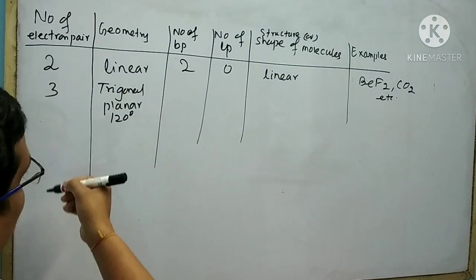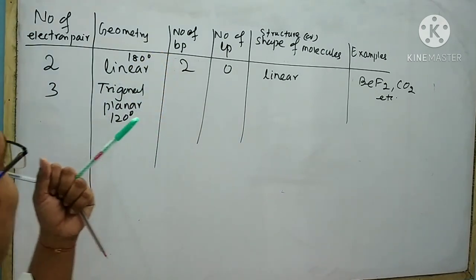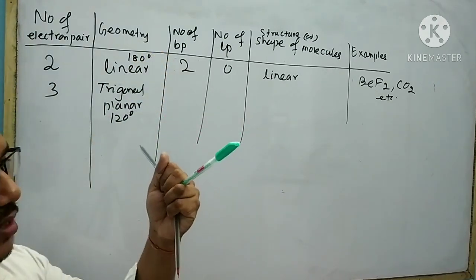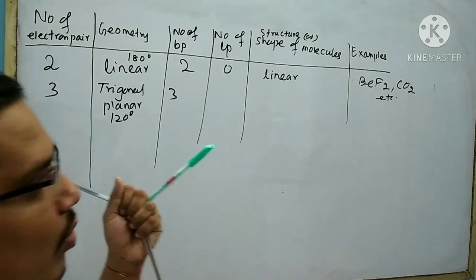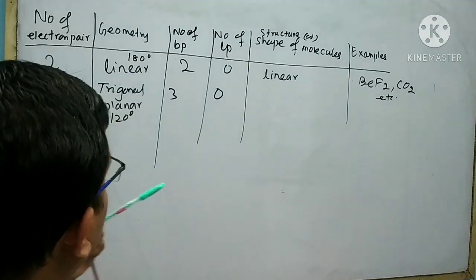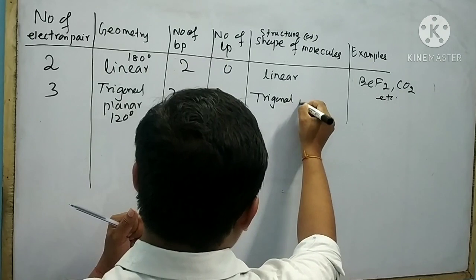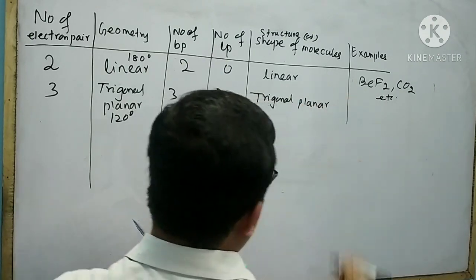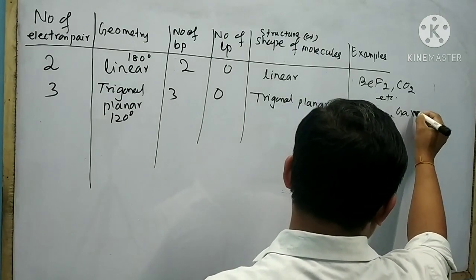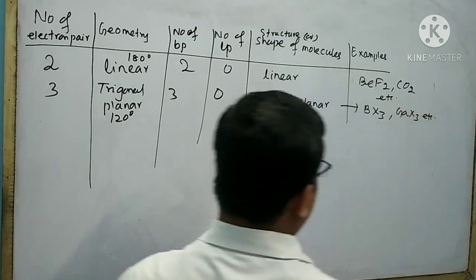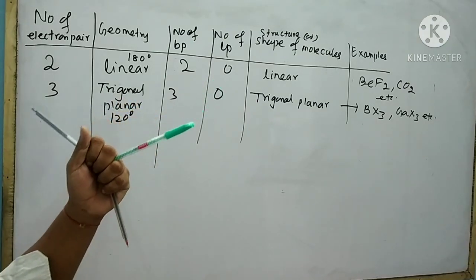In case of linear, the bond angle is 180 degrees. If all 3 electron pairs are bond pairs and there is no lone pair, then the shape of the molecule is also trigonal planar. Examples are BX3, GaX3, etc. This is the shape of trigonal planar.